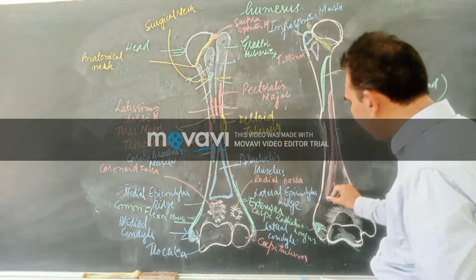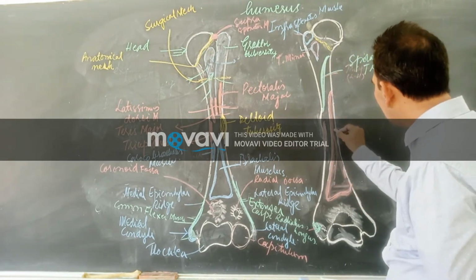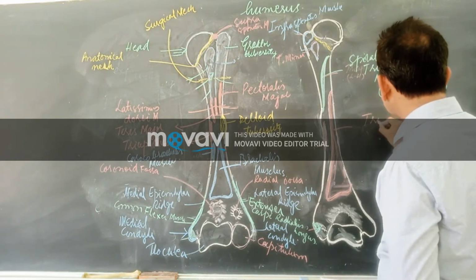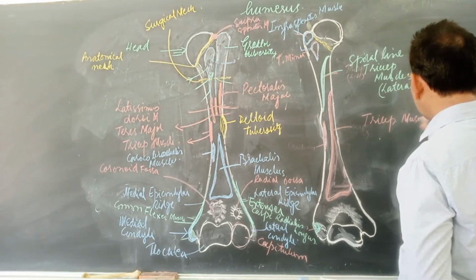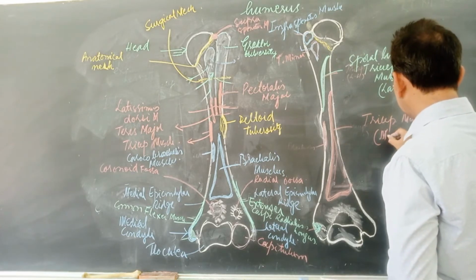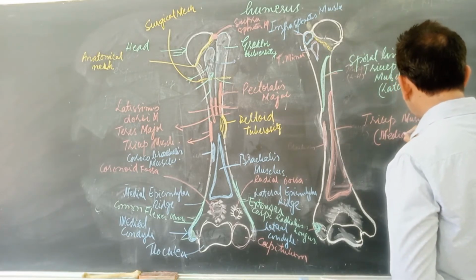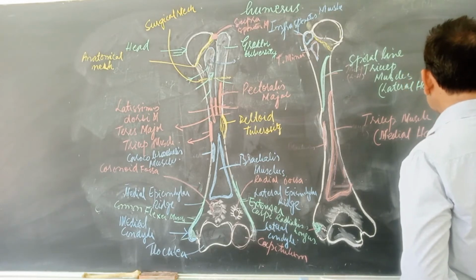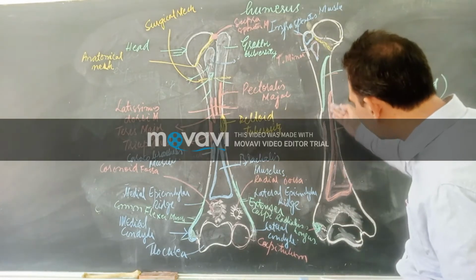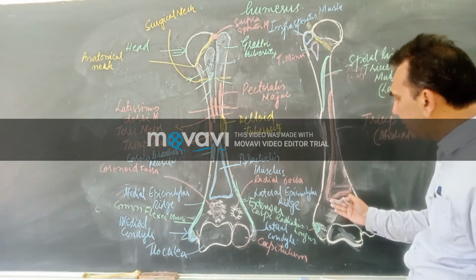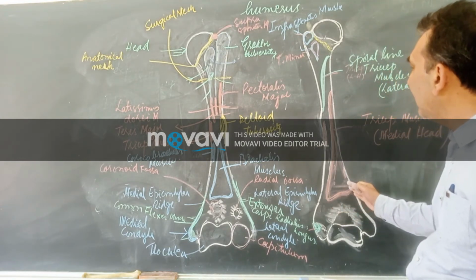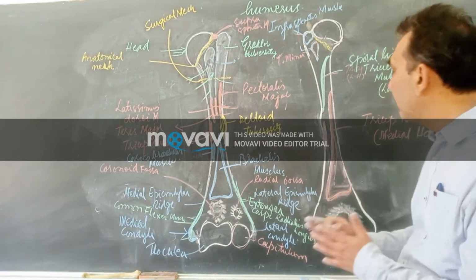This triangular surface area is covered by the attachment of the triceps muscle, but here the medial head of the triceps muscle attaches over the larger, major portion from the shaft till the lower extremity of the posterior side of the humerus bone.